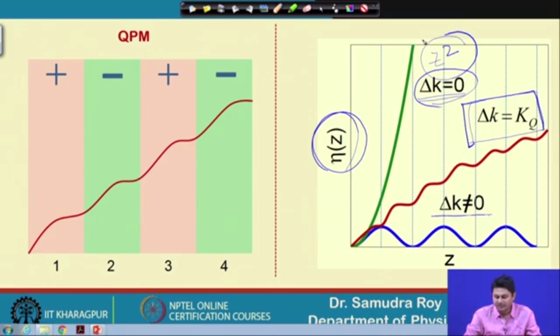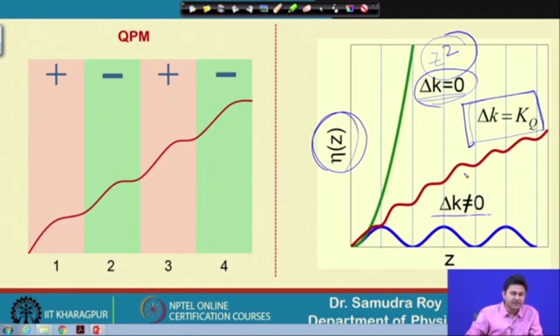In the real case this is not true, so we will not get this kind of efficiency, or the efficiency may not be a function of z squared. We will see in a later class how the realistic calculation gives the efficiency, but today we will learn about quasi phase matching. This kind of efficiency we get under the quasi phase matching condition.